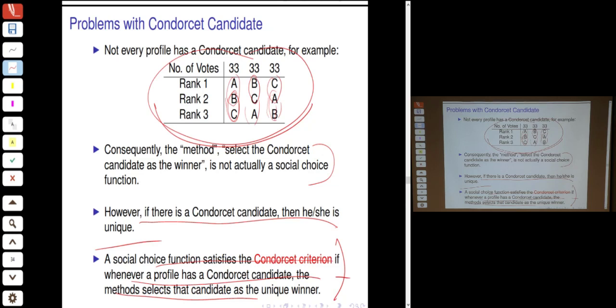So whenever there is a winner by the Condorcet method, you can think of applying a very strong criterion and determining the winner by that very strong criterion, which is the Condorcet method. Then your method must agree with the winner determined by the Condorcet method. Okay? So then your social choice function is said to satisfy the Condorcet criterion.